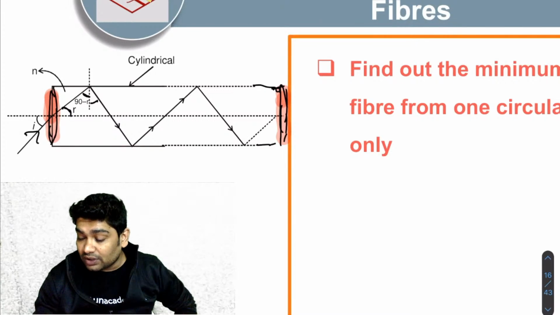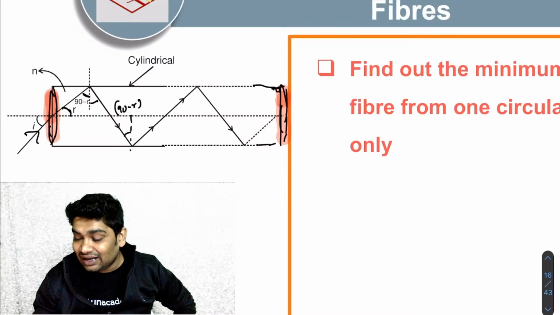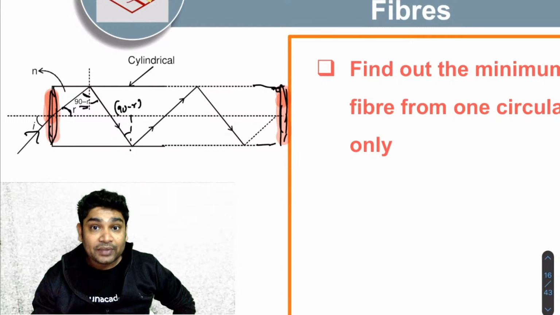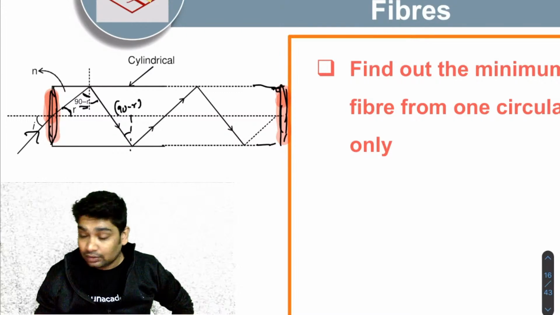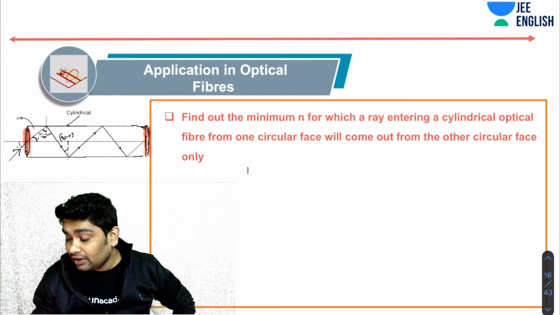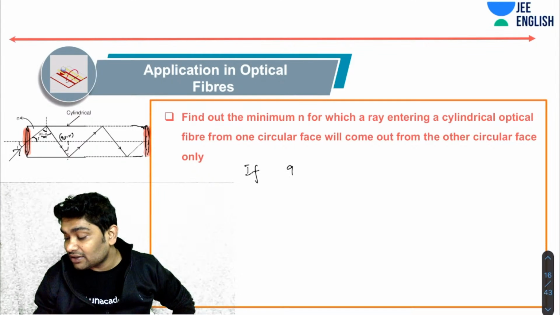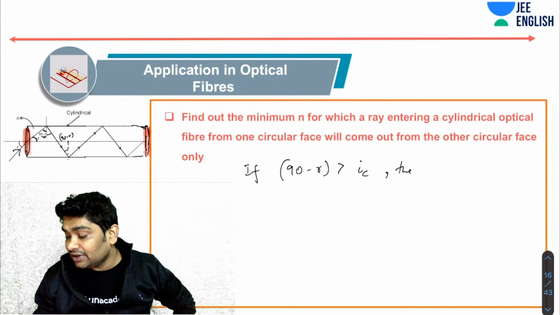So this also becomes 90 minus R. So as long as your 90 minus R is greater than the critical angle, your light ray will only keep getting reflected. Agreed? So I can say if 90 minus R is greater than IC, then this condition will be achieved.